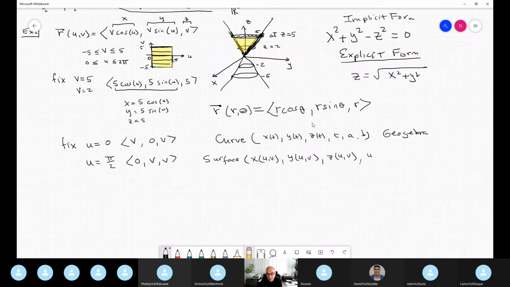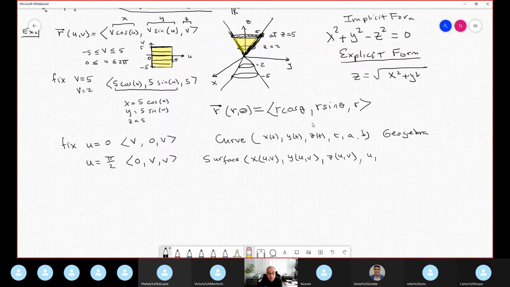So, for example, U varies from, in this case, 0 to pi, and V varies from -5 to +5. Then you write here the expression V cosine U, separated by commas, of course, V sine U, comma, and V. You type this in GeoGebra and you see the double cone.